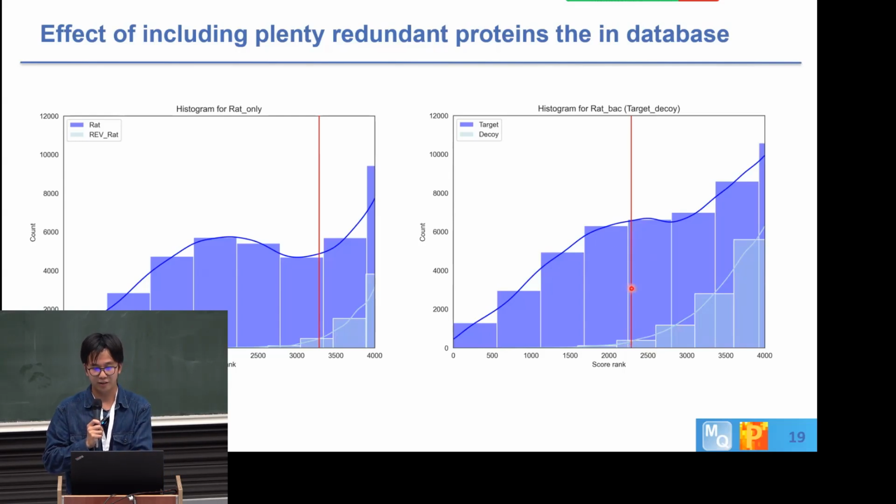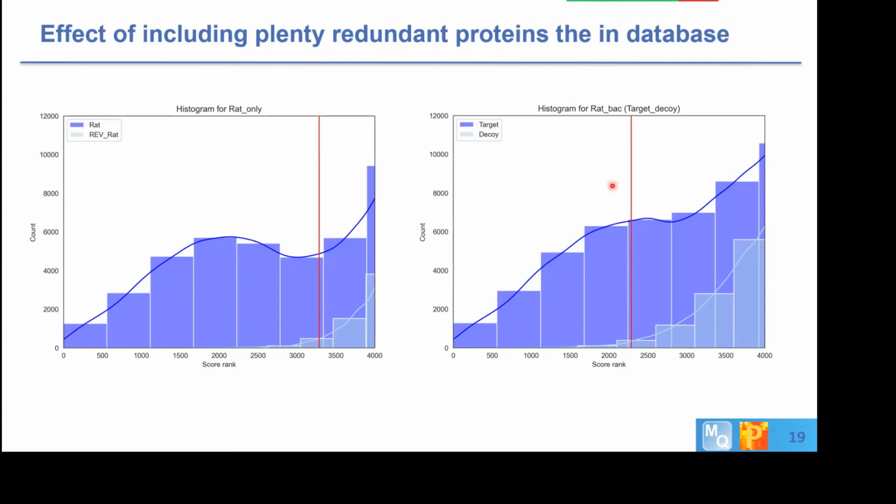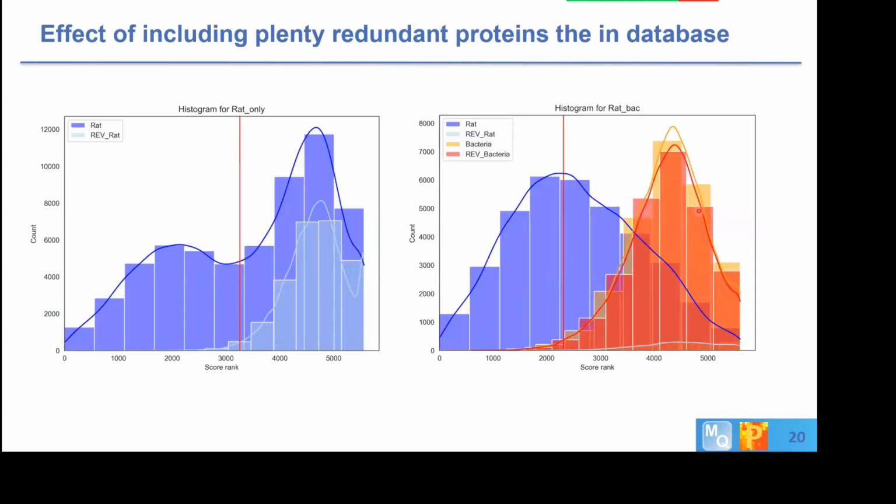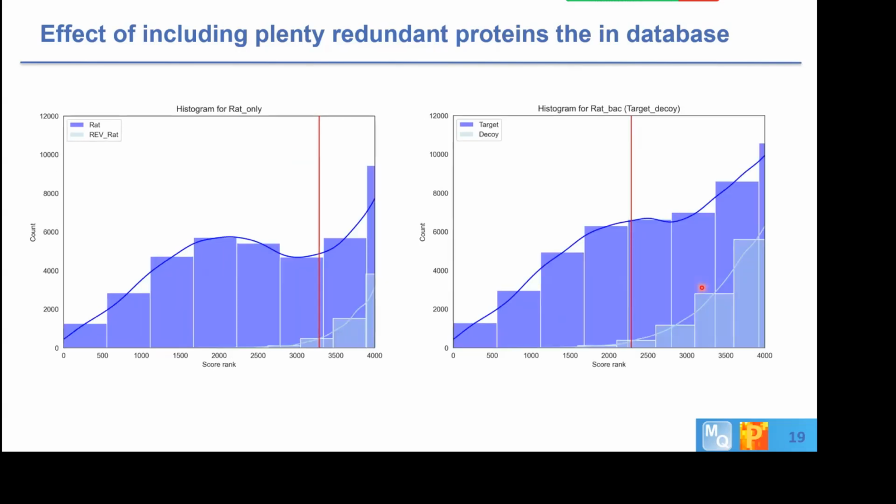As I showed you, in the second test, when we search against a huge database that also includes bacteria, we can actually split the result because we know some of them are from bacteria. When we do the FDR control, we just care about target and decoy.